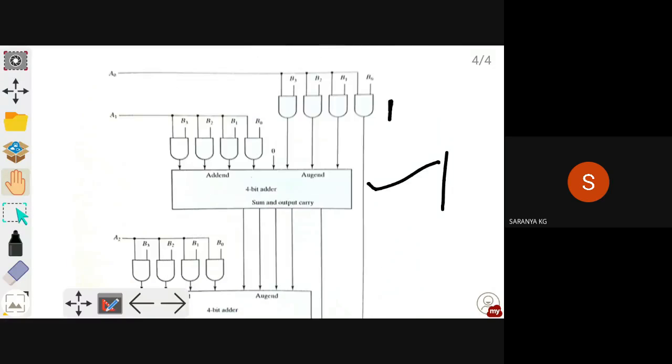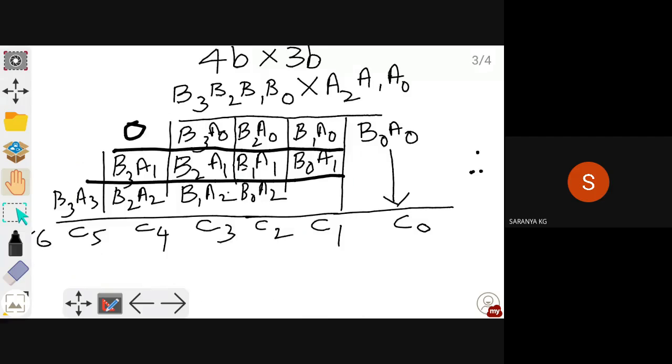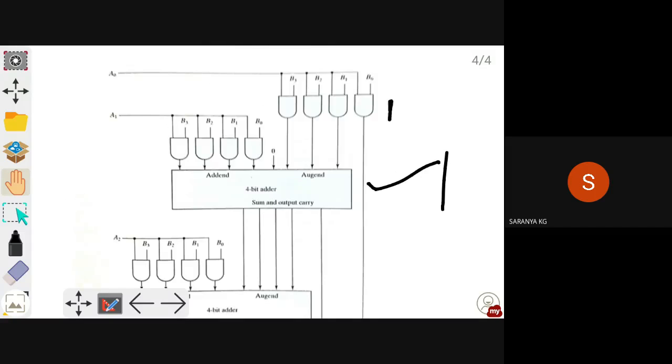Then what else in the first row? A0 into B1, you apply to an AND gate and give it to the adder. So the second AND gate is A0 into B1, the third AND gate is A0 into B2, and the next is A0 into B3. So 2, 3, 4 AND gates. And what is the fourth bit?